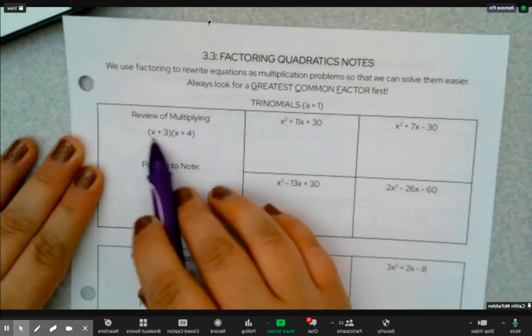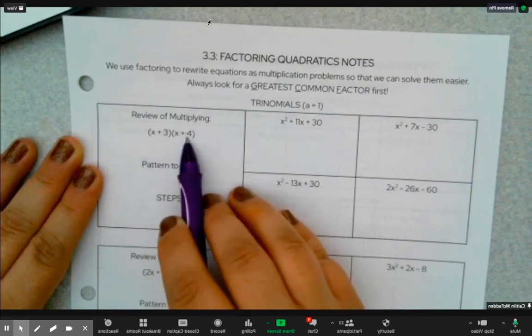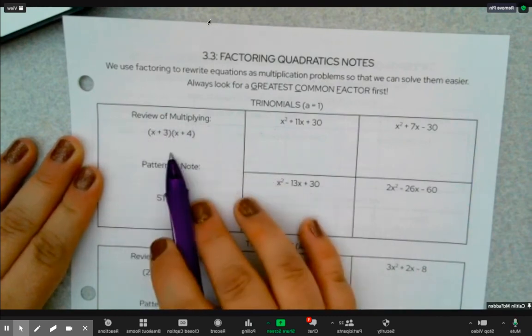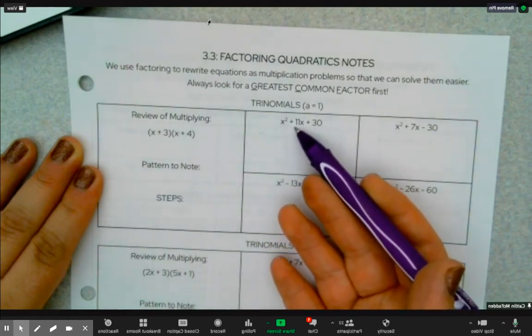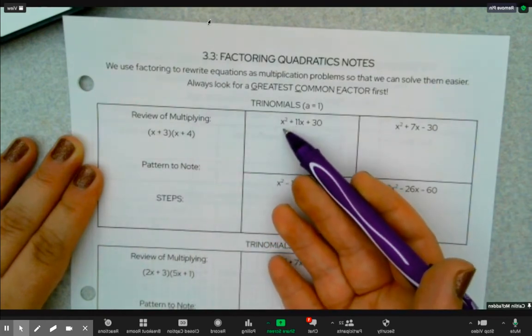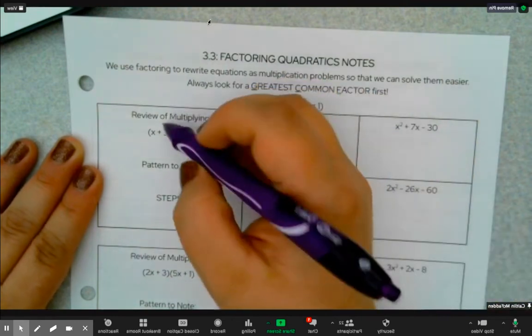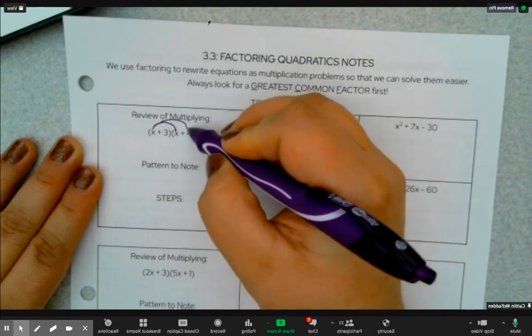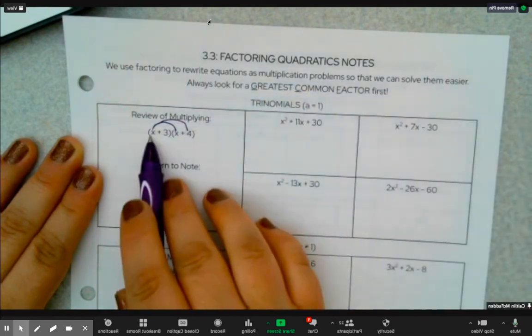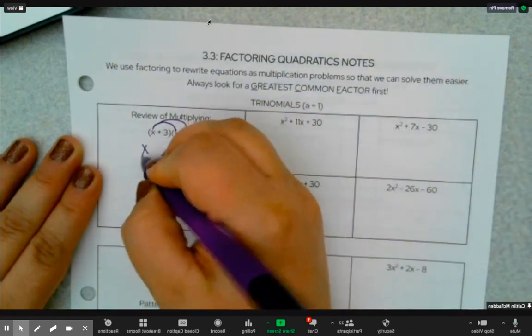You're going to take everything in this parentheses and multiply it over here. We're going to review how to multiply so that over here we can sort of unmultiply and set it up as a multiplication problem. So when we're multiplying, we would take this x times this x and times the 4. X times x is x squared.